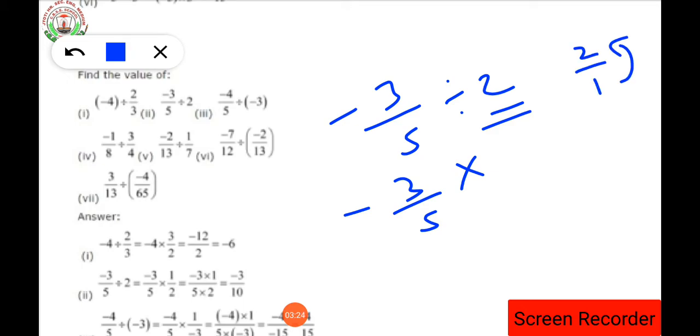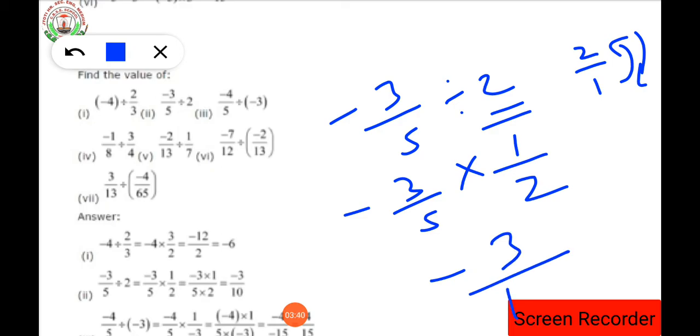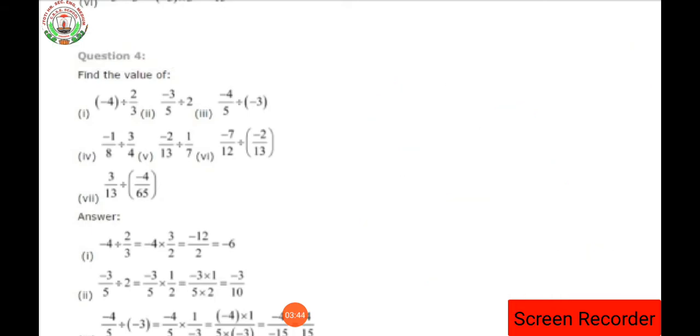When it is reciprocated, 1 goes in the numerator and 2 comes in the denominator. So the reciprocal of the number is 1 by 2. Have you understood? Now when it gets multiplied, minus 3 into 1 is 3 itself, 5 into 2 is 10. So the answer is minus 3 by 10.